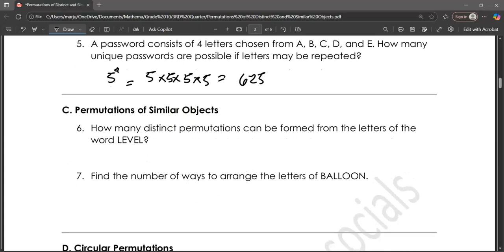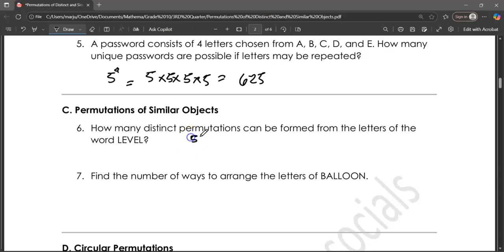Number 7, letter C. Permutations of similar objects. So this time there will be objects that are similar. It says here, how many distinct permutations can be formed from the letters of the word LEVEL? If you happen to see here, LEVEL has 2 E's. So what you do here is you count the number of letters.